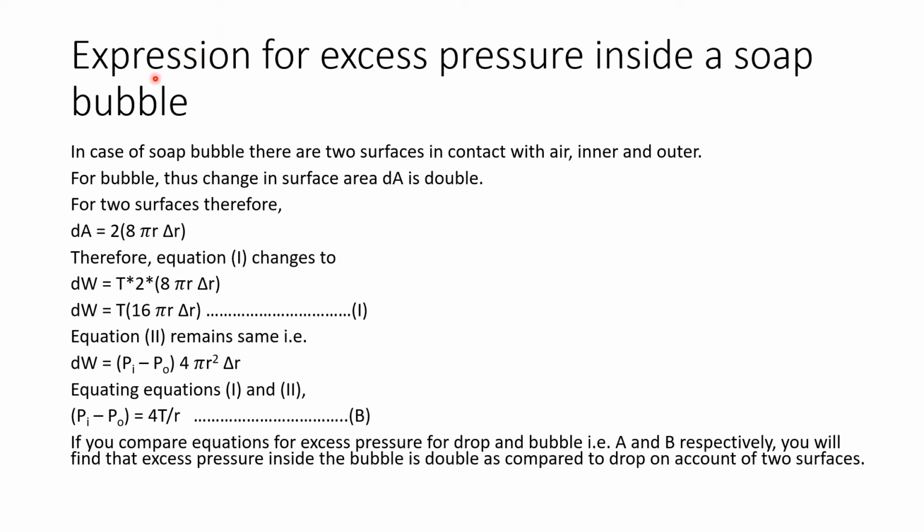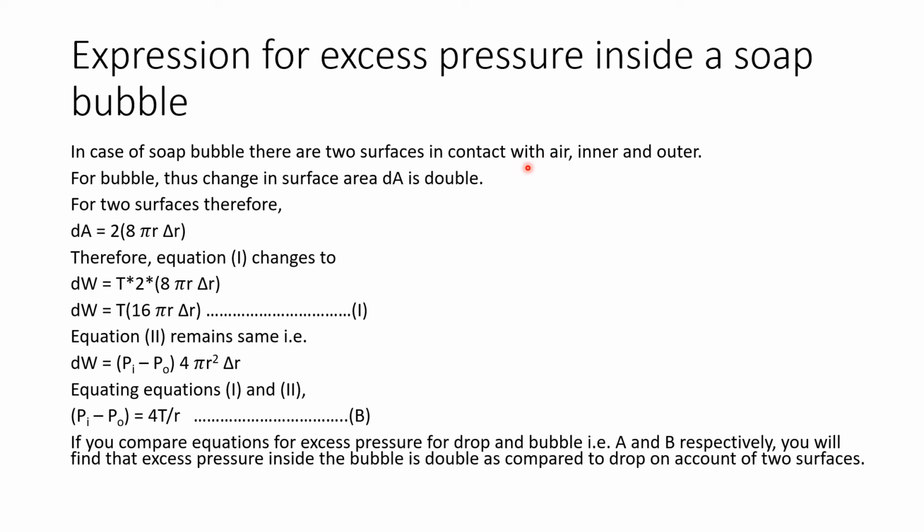Now let us derive an expression for the excess pressure inside a soap bubble. Now what is the difference between the liquid drop and a soap bubble? A liquid drop will have only one surface in contact with the air, whereas in the soap bubble there are two surfaces in contact with the air, one inside and the other outside.